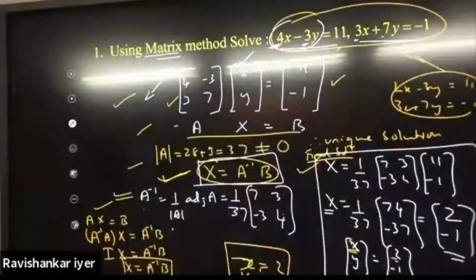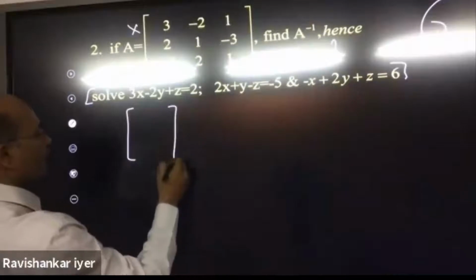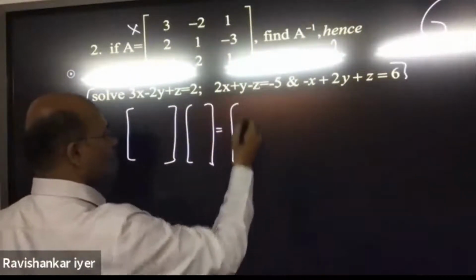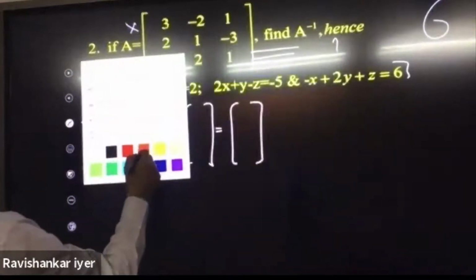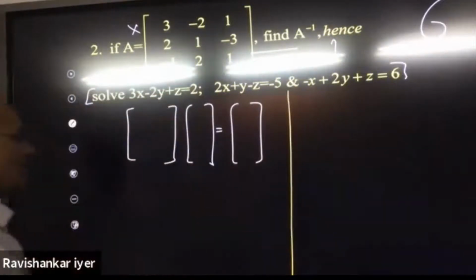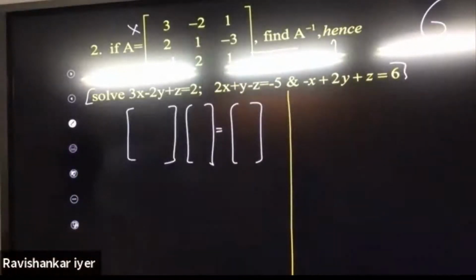So, what is the matrix form? Let us see. The matrix form is AX equal to B. I'll mark some red zone here so that you come to know how to go about it.